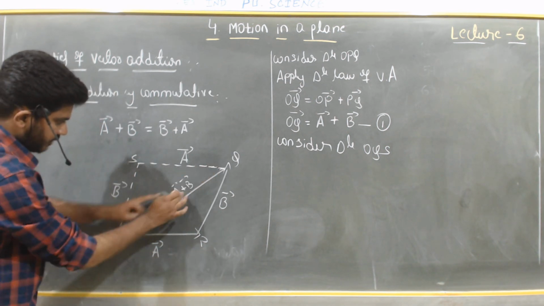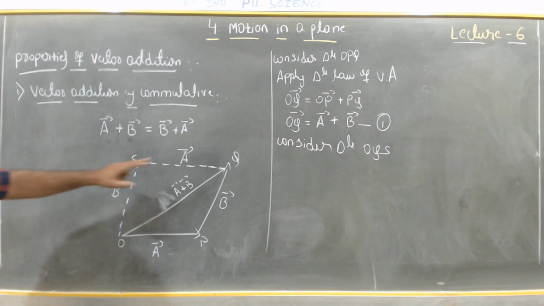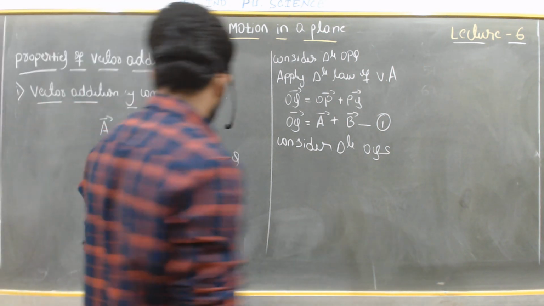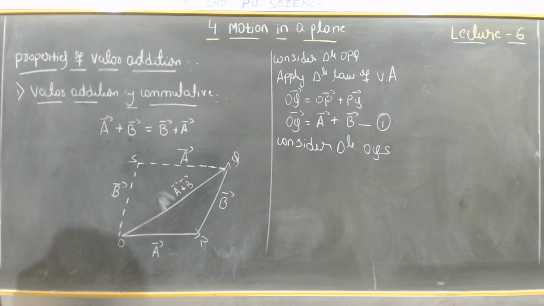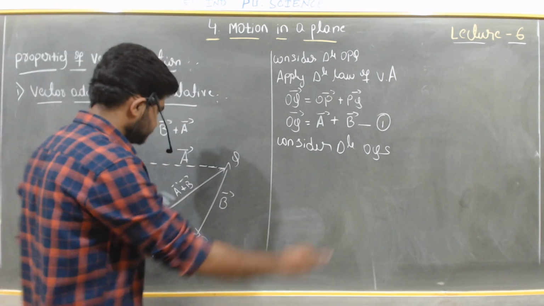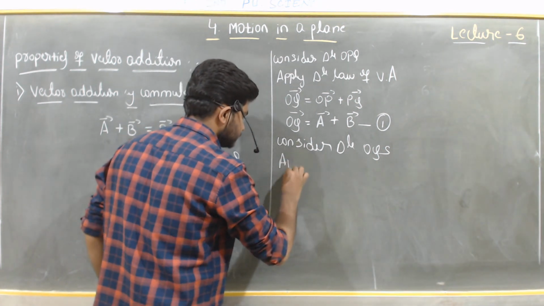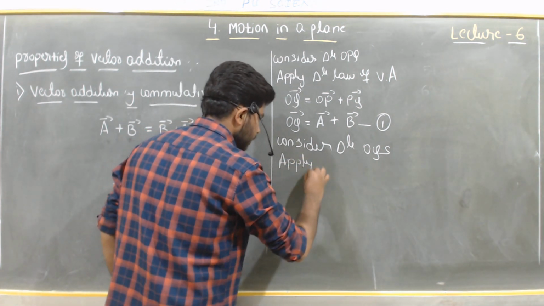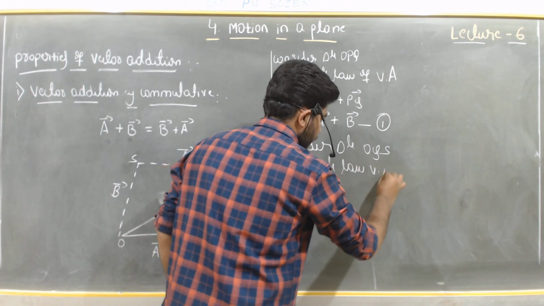See, one side we are having A plus B, another side we are having the vector A, right? So next what we have to do? Next we have to get this one. So consider triangle OQS. So OQS is one triangle. Again apply triangle law of vector addition.